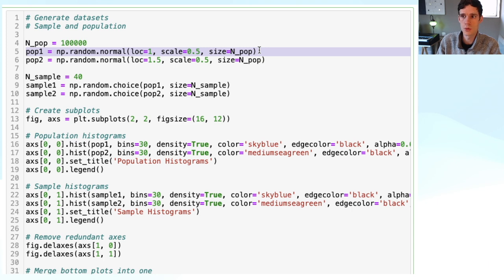A normal distribution with a mean of 1 and a standard deviation of 0.5. And we generate 2 of these artificial datasets just to compare the two and see how these parameters influence the shape of their histogram.